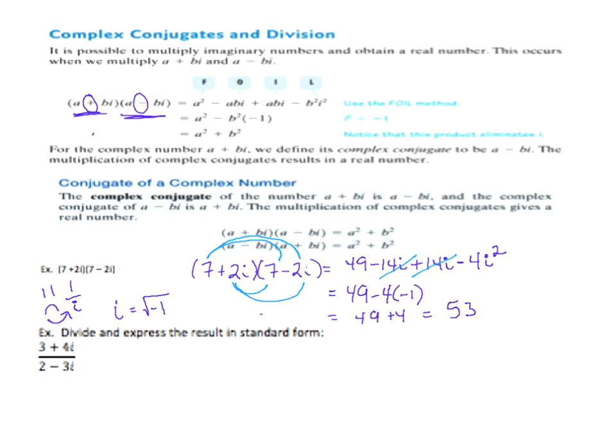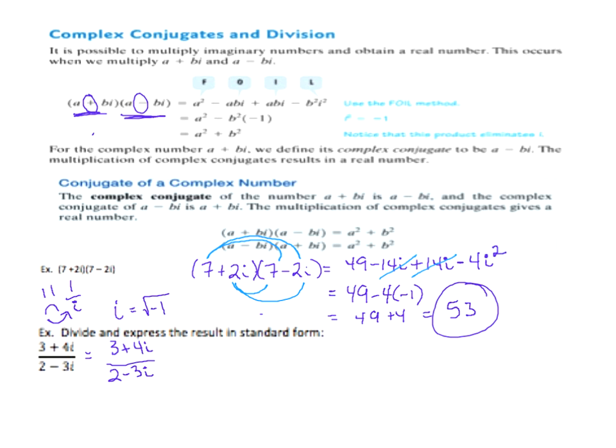Because every single time you multiply a complex number by its complex conjugate, the i terms drop out, you get an i squared on the end, which turns it all into a real number. Here's an example below. I'm going to rewrite. I start out with 3 plus 4i over 2 minus 3i. Well, the i in the denominator is a problem. We call this rationalizing the denominator when we get rid of the roots from the denominator.